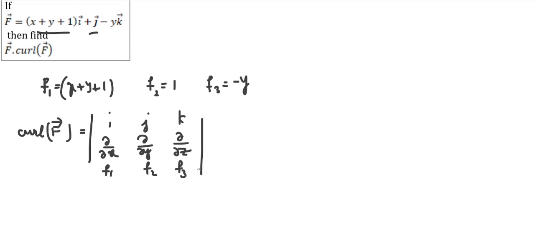So this is nothing but i into, we delete the corresponding row and column and consider the determinant of the remaining part. What is that? It is ∂F3/∂y - ∂F2/∂z.